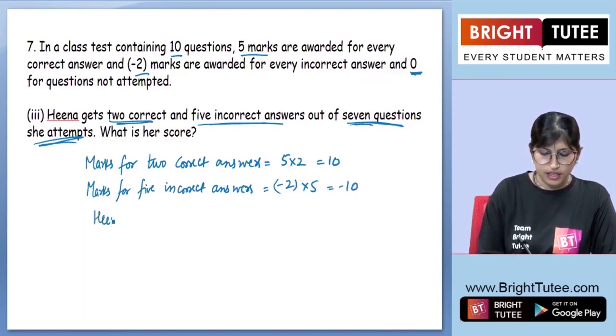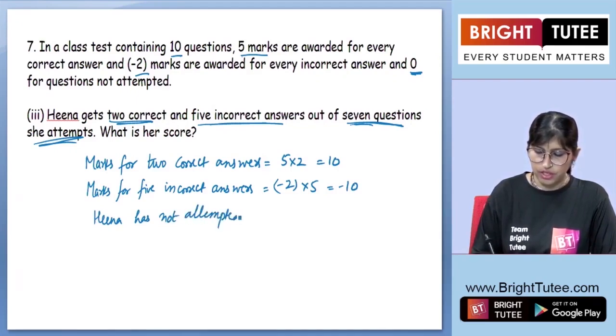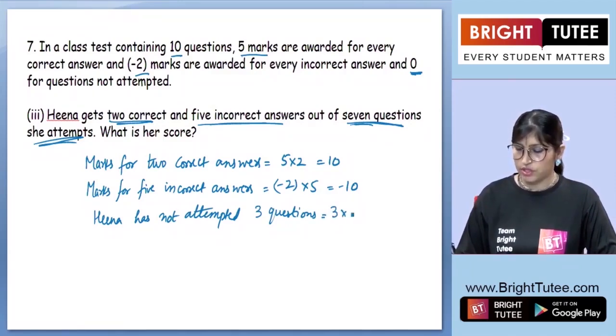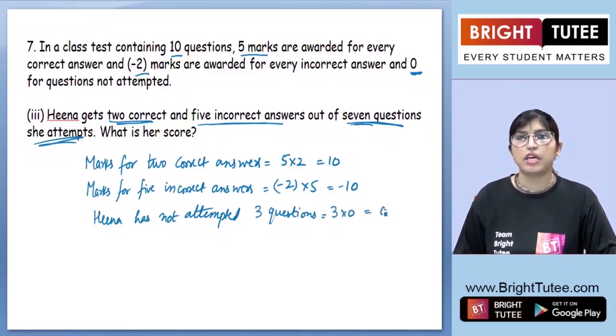And Hina has not attempted 3 questions. So for every question we'll be getting 0. So for 3 questions we'll be getting 3 times 0, which will be 0.